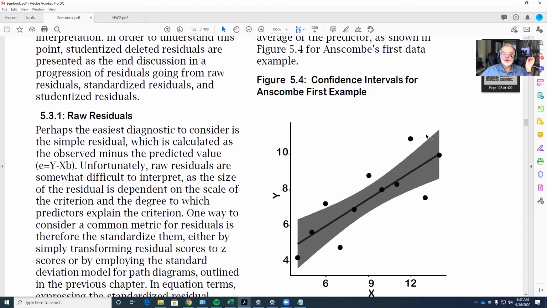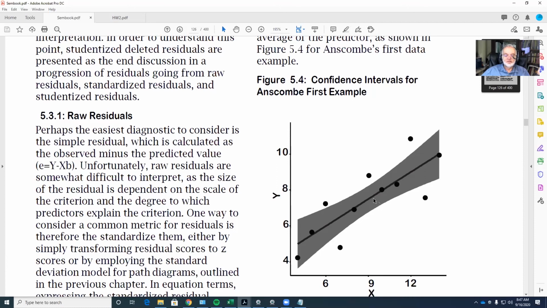So it's quite okay to observe a residual of 3 if you're far away from the mean of X, mean of Y. And maybe it's more serious if you're right at the mean of X, mean of Y. So my point is, you can't just go through and say, I looked at the raw residuals and I threw out large residuals.